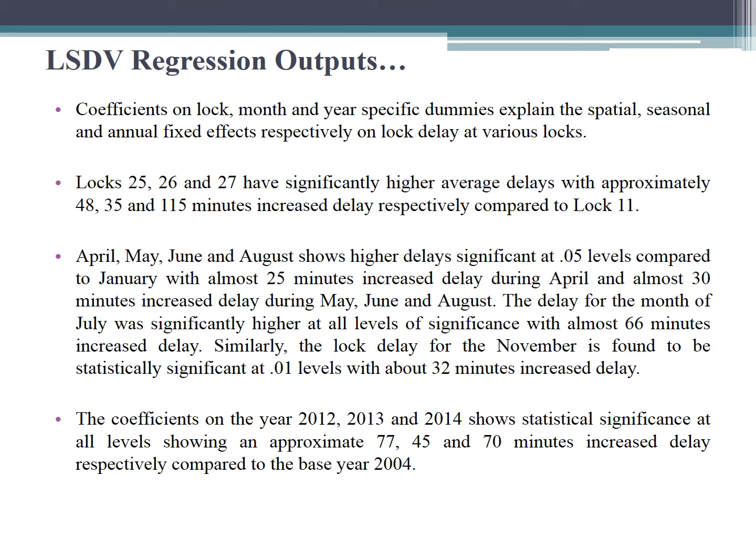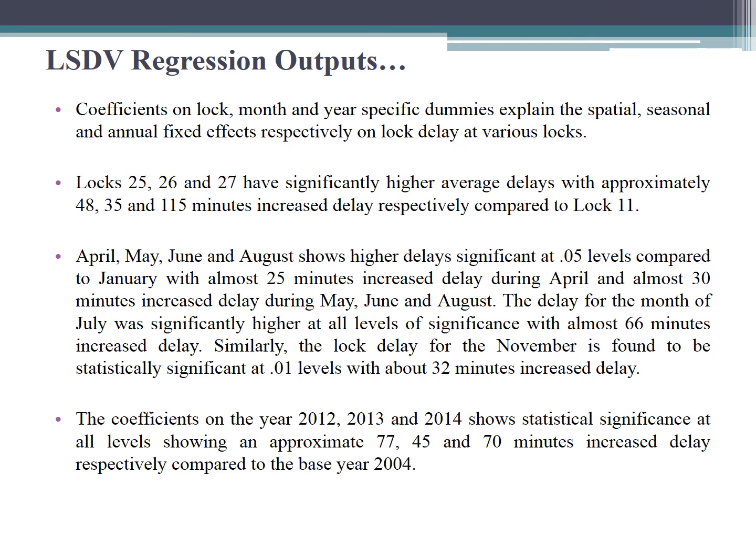As usual, the log, month and year specific dummies would explain a special seasonal and annual fixed effect. Similarly, we can see that logs 25, 26 and 27 have significantly higher average delays compared to log 11, which is our reference log, with 48, 35 and 115 minutes increased delay respectively.